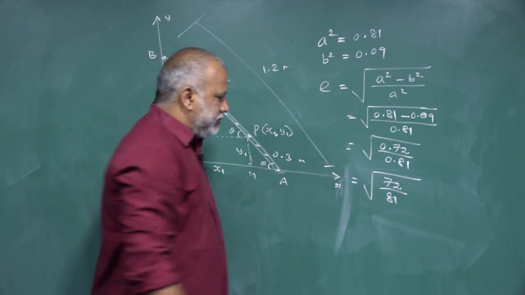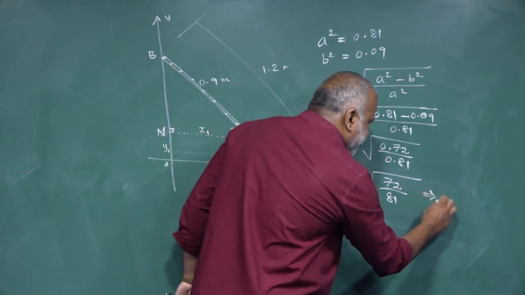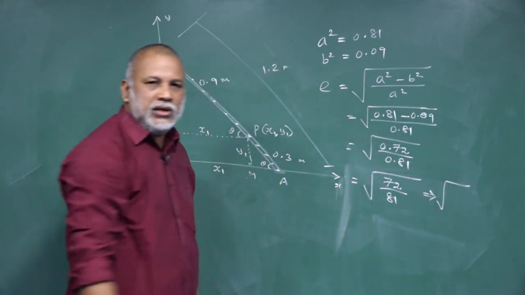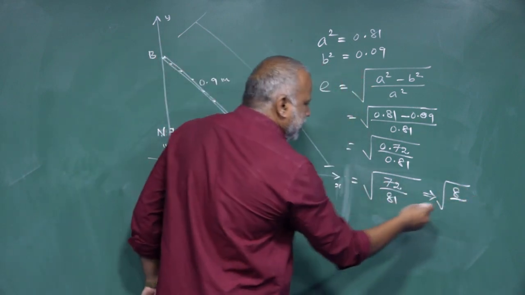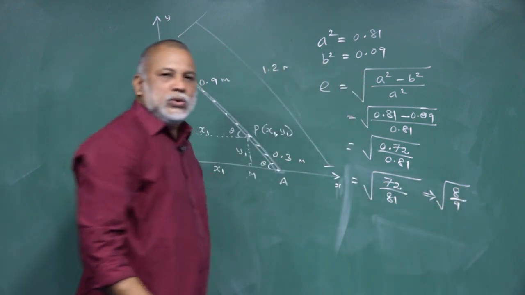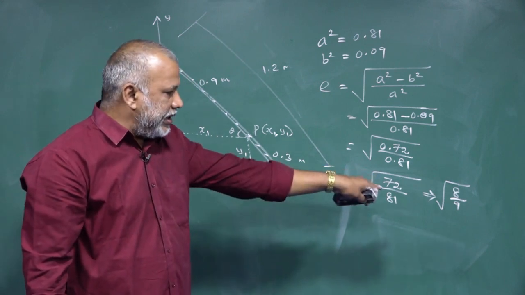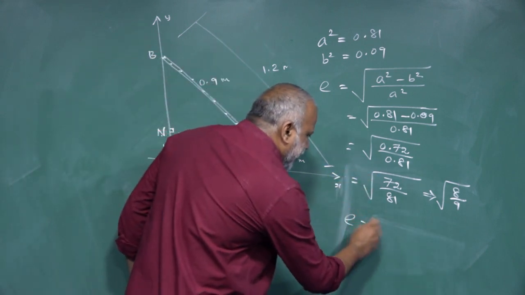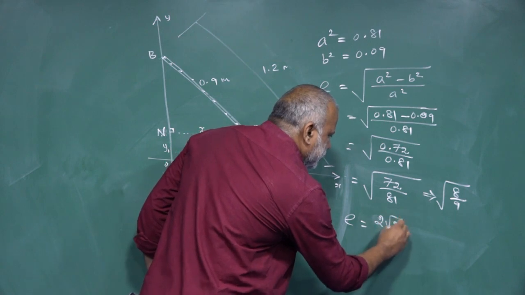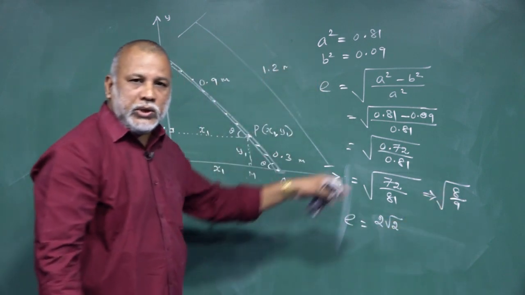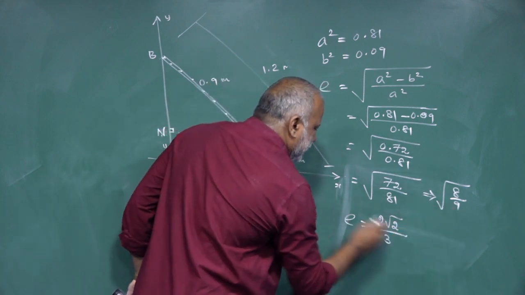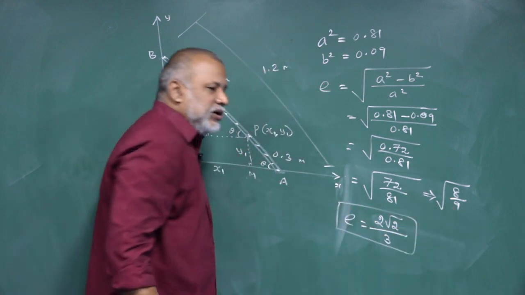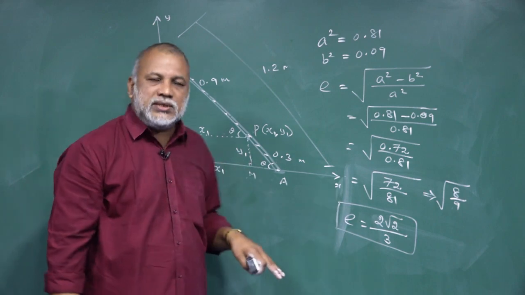It can be simplified with the ninth table: 8 by 9. So the square root of 8 by 9. Root 8 can be written as 2 root 2, so e is 2 root 2 divided by 3. So the second question asked is to find the eccentricity of this ellipse.